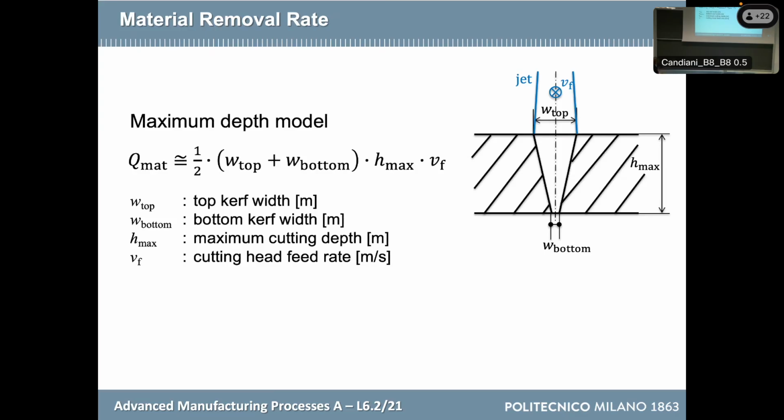So if we do that, we can calculate the cross-section area of the curve, and you see here the calculation, 1/2 the width at the top plus the width at the bottom, multiplied by the maximum depth. So with this formula, we are calculating the cross-section of the jet, and we multiply it by the feed rate. Like in milling, if you remember, there was a cut in front, and by multiplying it by the feed rate, we can obtain the MRR.